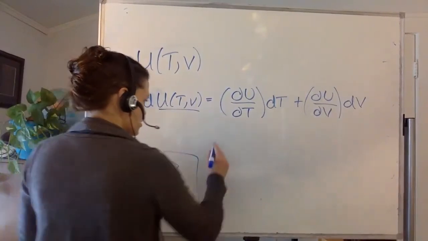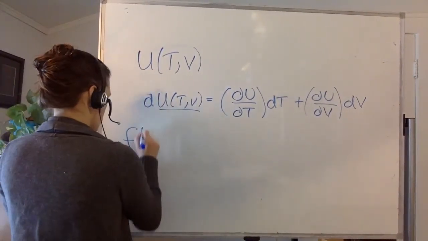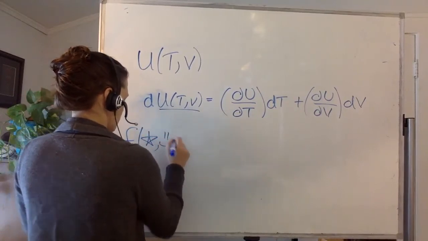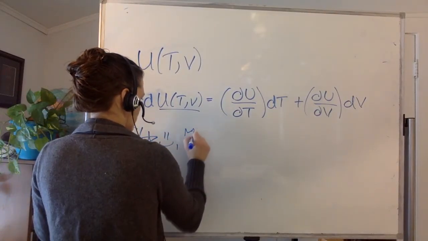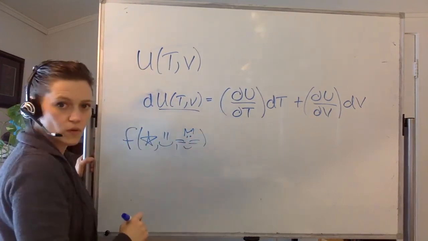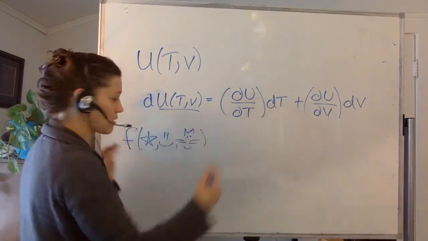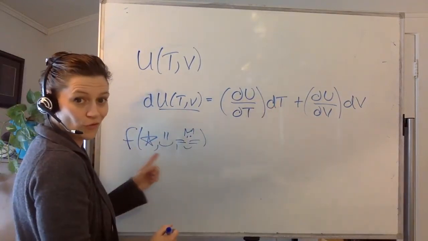Let's say my function is f of star, smiley face, cat. Cool? Okay, so then I'm going to say, well, then how many things am I going to have added together? 1, 2, 3.